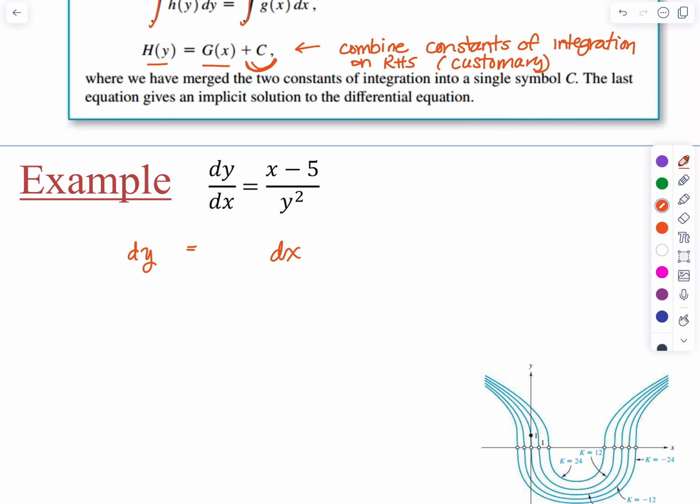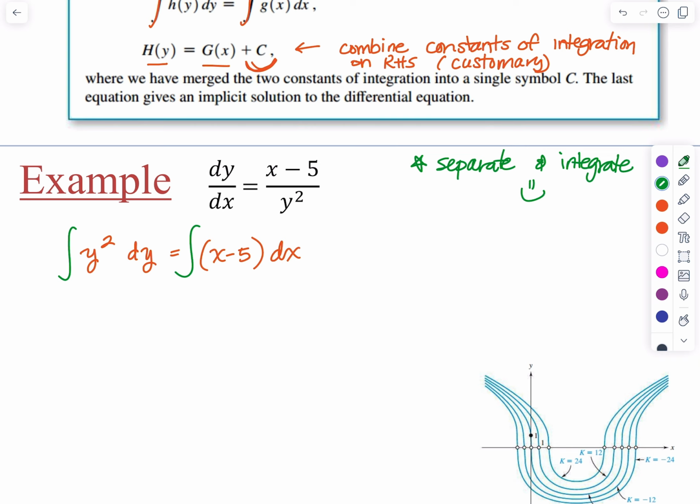Now we'll multiply both sides of the equation by y squared, and we still have an x minus 5 on that right-hand side. So we have now separated our variables, and so now we are going to integrate. So separate and integrate.